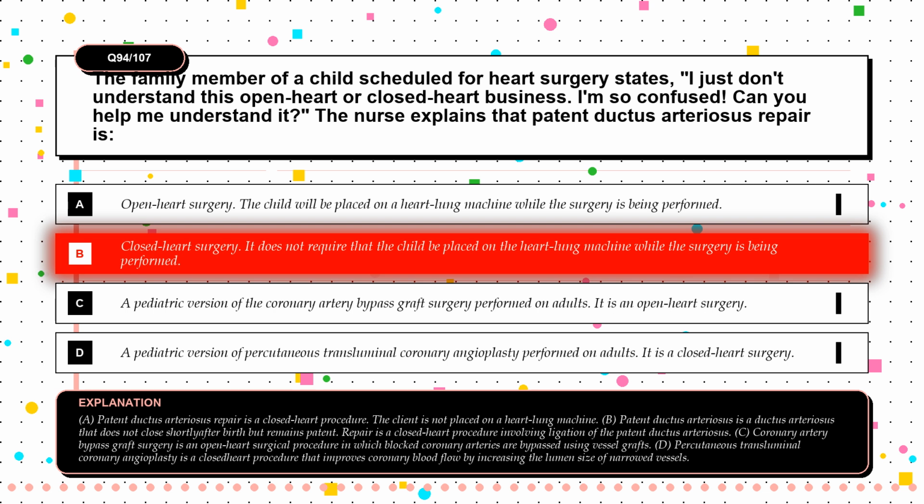Repair is a closed heart procedure involving ligation of the patent ductus arteriosus. C. Coronary artery bypass graft surgery is an open heart surgical procedure in which blocked coronary arteries are bypassed using vessel grafts. D. Percutaneous transluminal coronary angioplasty is a closed heart procedure that improves coronary blood flow by increasing the lumen size of narrowed vessels.